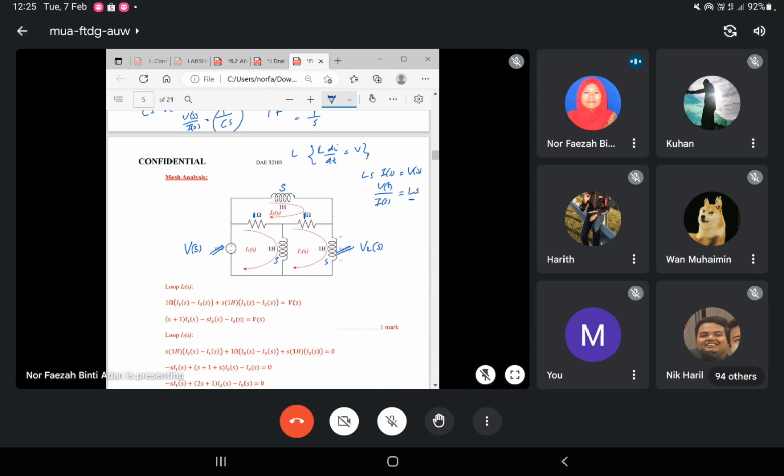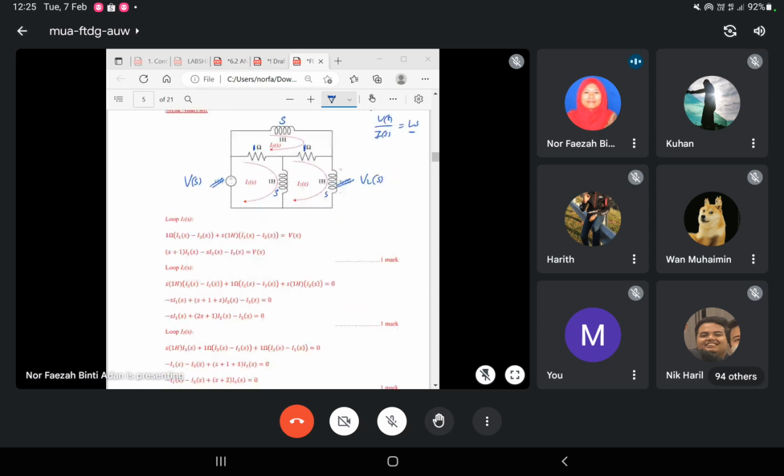Bila mesh analysis, it looks at the Kirchhoff voltage law. Dia akan tambahkan the voltage drop equals to apa supply dia. Itu mesh analysis. Node analysis, Kirchhoff current law, so dia tengok each node, what are the current that goes in equals to current that goes out of the node.